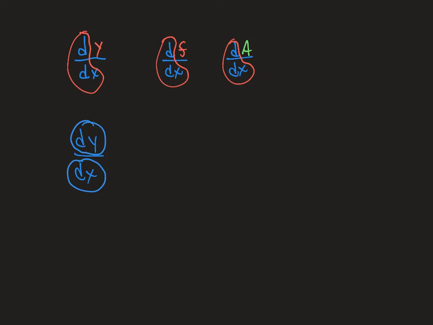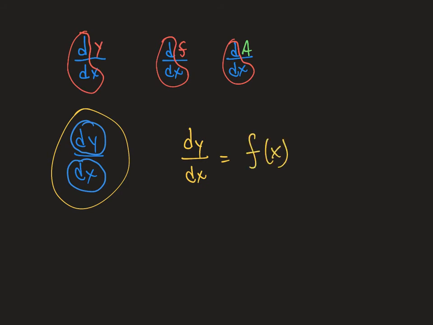Okay? So the idea is this, that we have this new notation, dy over dx. We're going to consider those individual pieces, and because we've done that, we can solve for them. Now, the dy over dx still equals f prime of x. I wrote f of x there, but that wasn't true.